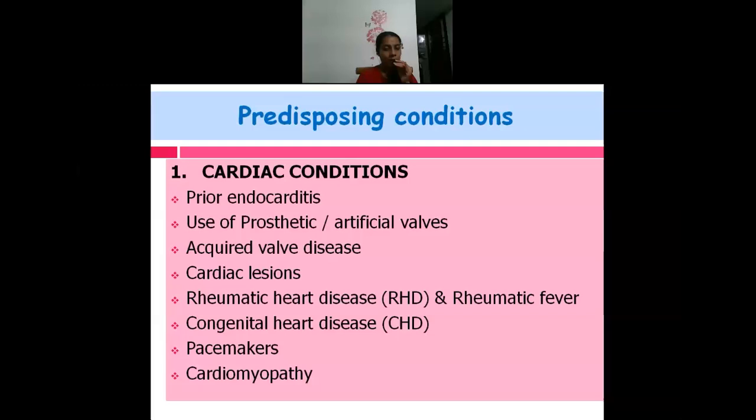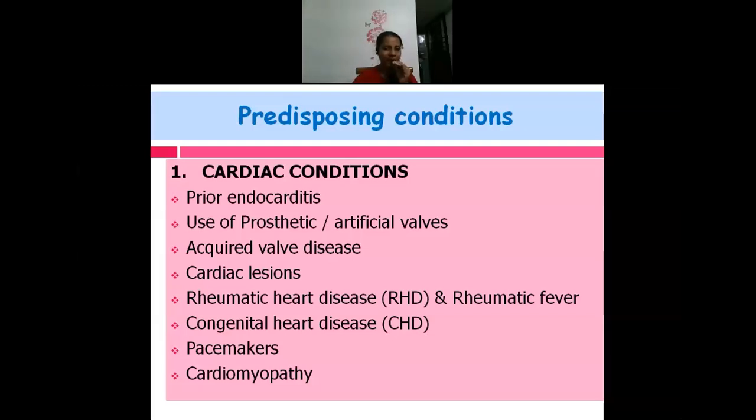So if a person had prior endocarditis, or there is a family history of endocarditis, that can become a risk factor. Other than that, people who are using artificial heart valves or prosthetic heart valves are at risk of developing what?